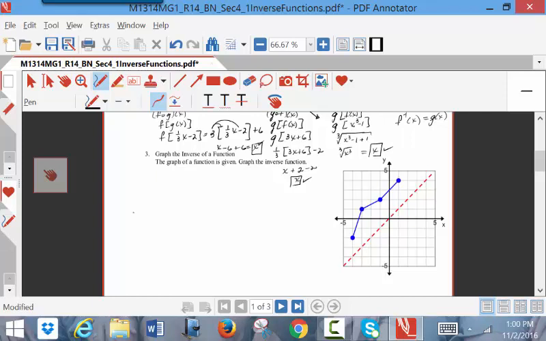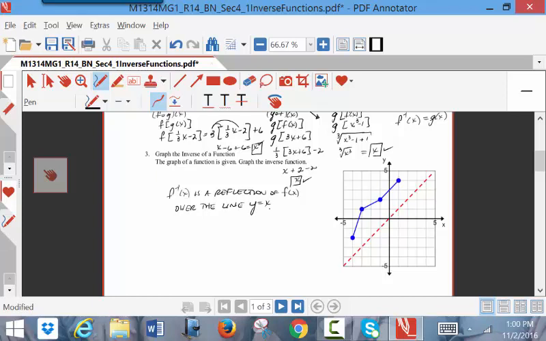Okay, inverses are reflections, okay? F inverse of x is a reflection of f of x over the line y equaling x.